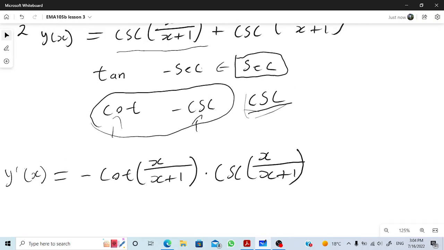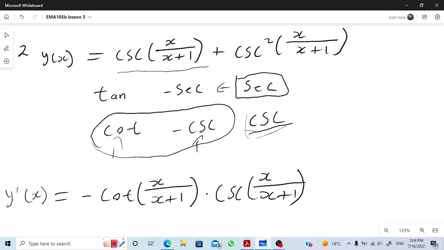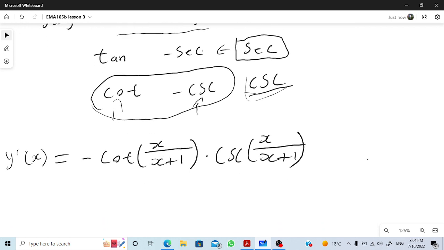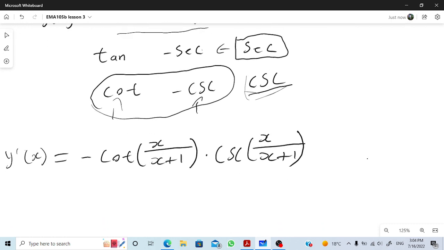Now we have differentiated this part. Now we have to differentiate the inner function. To differentiate the inner function, we are going to multiply again. When you differentiate this, we are going to use what we call the quotient rule.